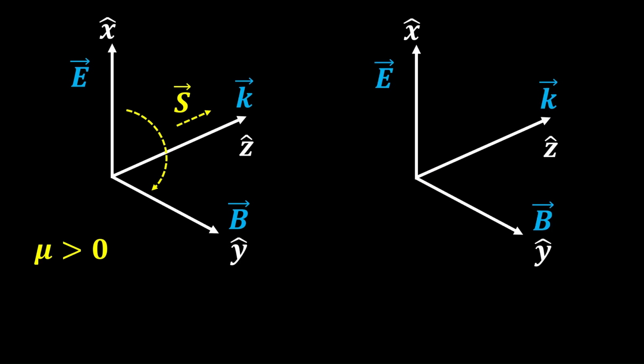Now, if the permeability is negative, then E cross B is along the Z direction, but because of the negative permeability, S will be in the opposite direction. So from these two explanations, we can say that whenever the permeability is negative, the Poynting vector, that is the energy flow direction, is opposite to the phase velocity direction.